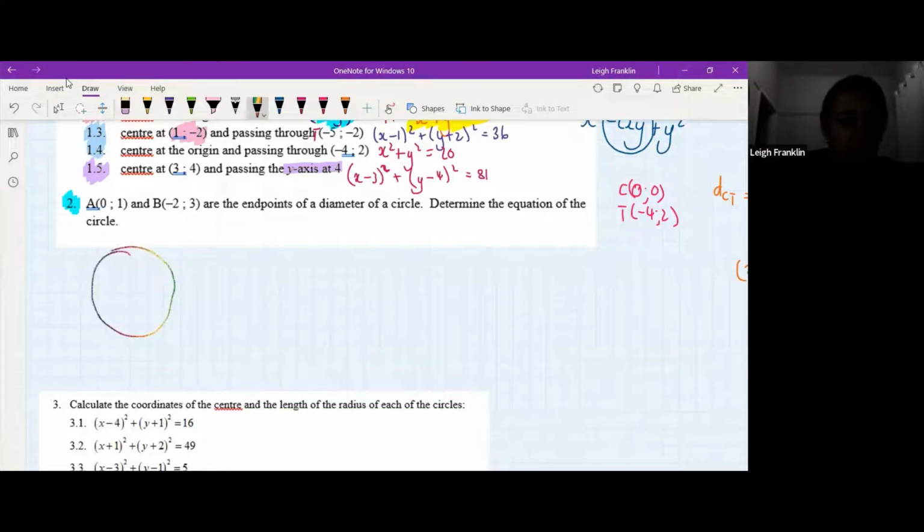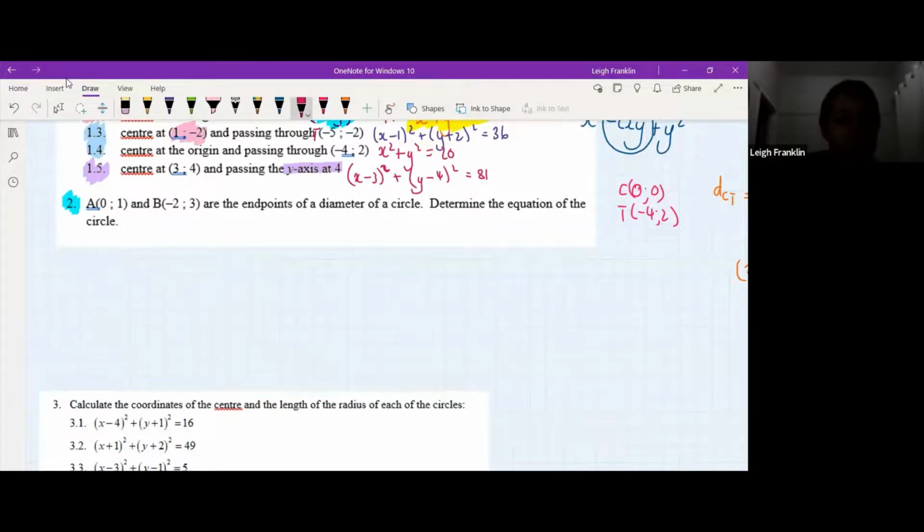If that's a circle, a horrible circle drawn by me, and that's the circle center, and if you've got a diameter, then point A could be over here, whilst point B could be over there. So they are the endpoints of the diameter. Using the midpoint formula to calculate the coordinates at the center is exactly the right thing to do. Kumo, that was lovely. And that's how I did this as well.